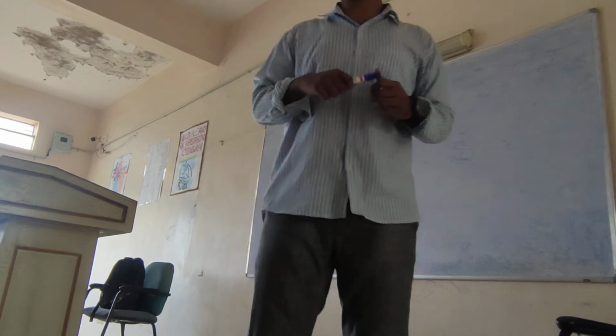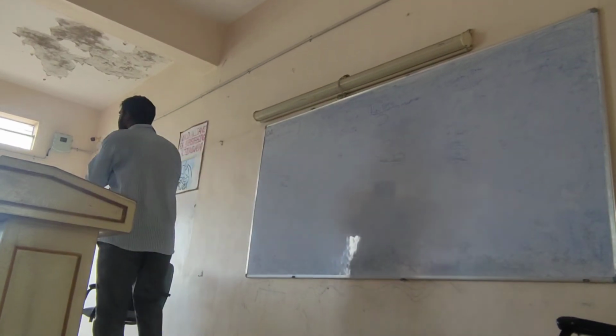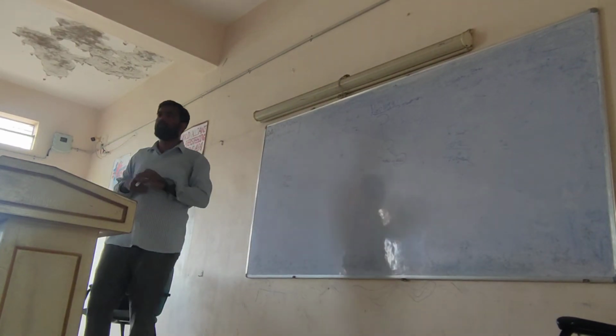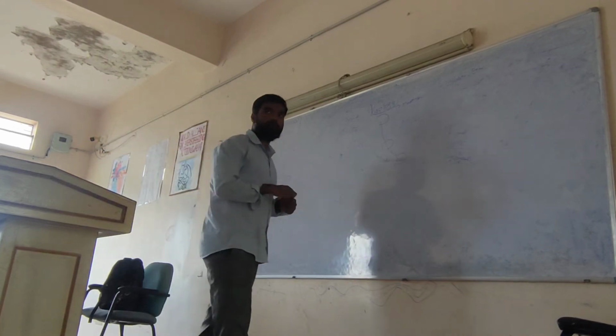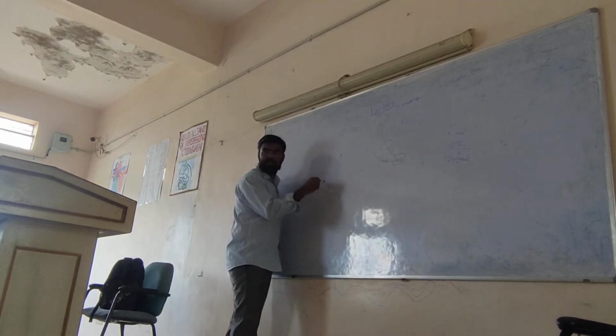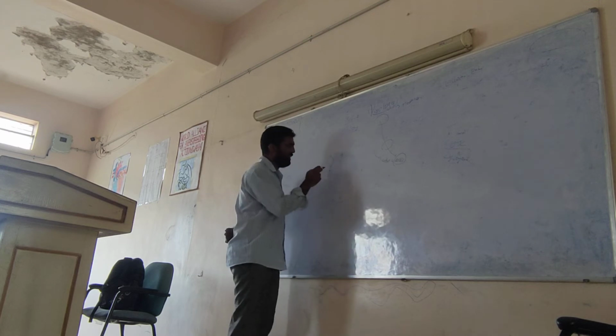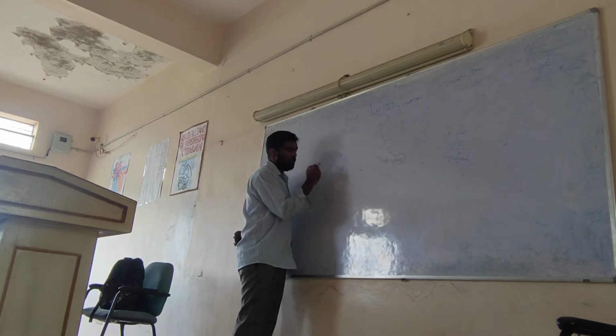So what are the steps of multiplication of a virus? Absorption, penetration. Let's try to decipher it here. A bacterial cell, fine. Our virus has come. Tell the first step: absorption, right?